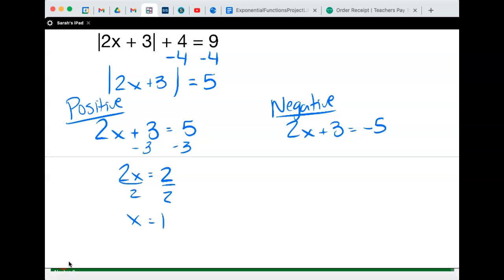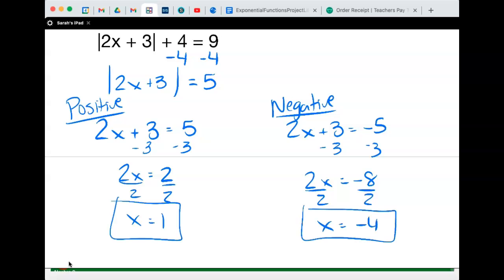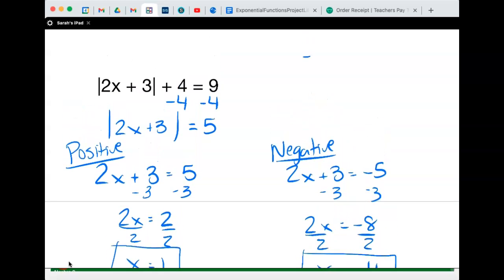Okay. The other one. So 2x is negative 8. So these are my two solutions. We can always check it. If I plugged in 1, 2 times 1 plus 3, absolute value of 5, plus 4.